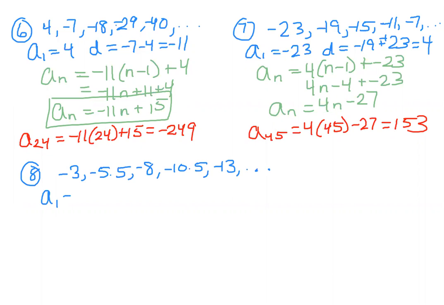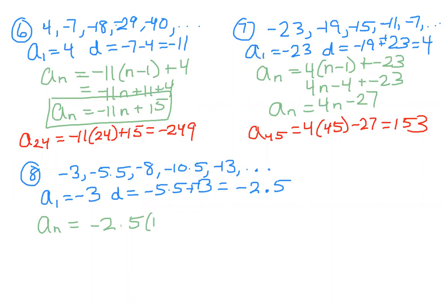A1 equals -3, and D equals -5.5 minus -3, which equals -2.5. So for our rule, we're going to say -2.5 times n minus 1 plus A1, and we're going to distribute.